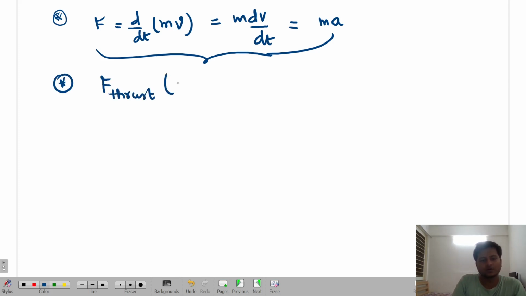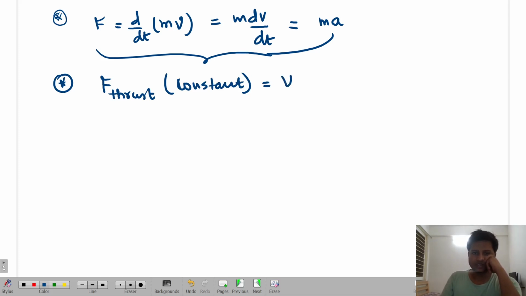To move with constant velocity, the body applies a force by itself on the outer region, opposite to the movement direction, and it is given as constant velocity v into variable mass rate dm by dt.